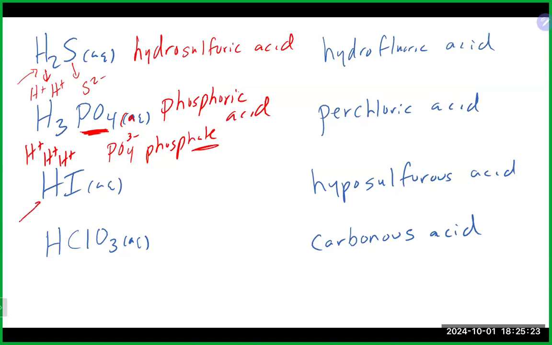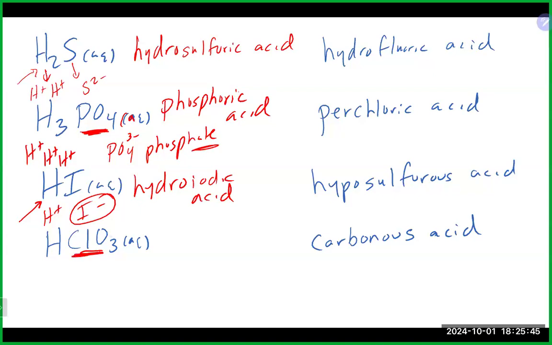Here we do not see oxygen. That is I minus. And again, in this case, we just need one H plus. So that also is going to start with hydro. And since that's iodine, hydroiodic acid would be our guy. And lastly here, this does have oxygen.